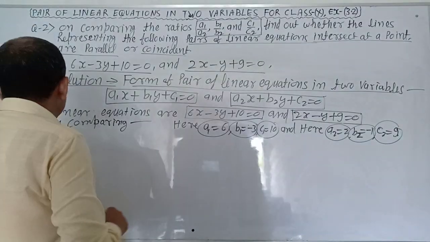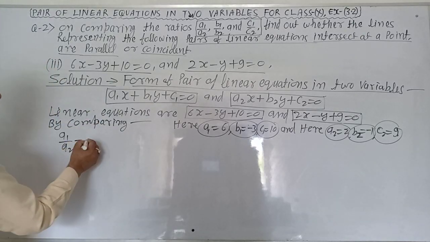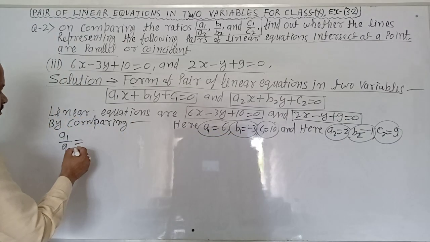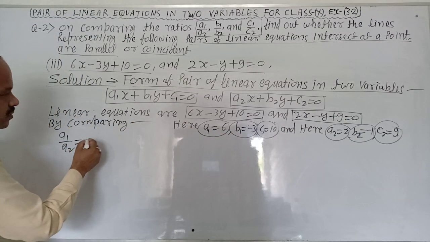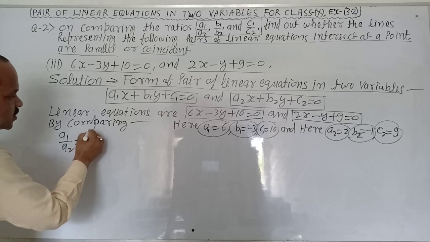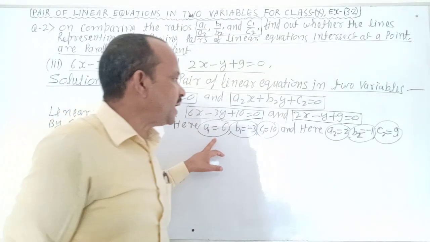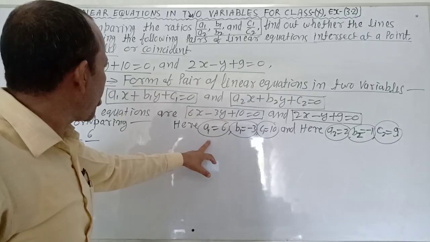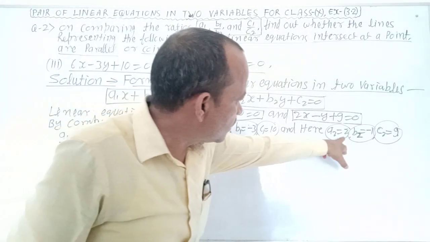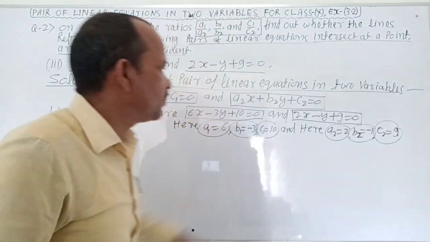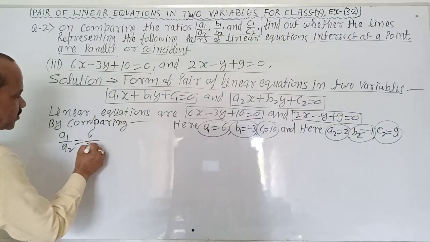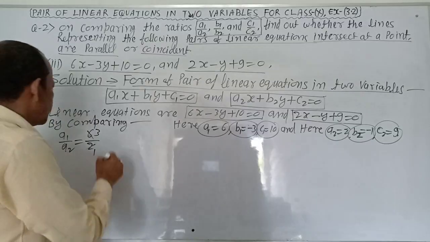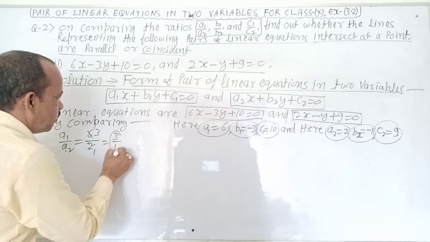Very good. By comparing, a1 by a2 equals 6 by 2. 2 ones are 2, 2 threes are 6, equals 3 by 1.